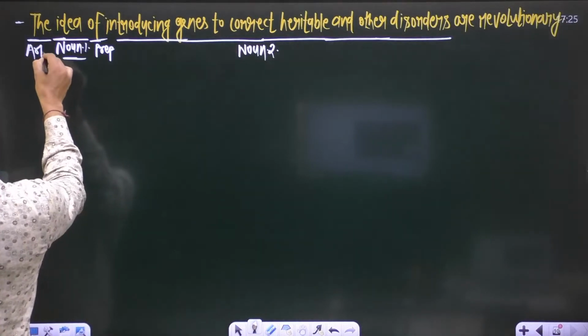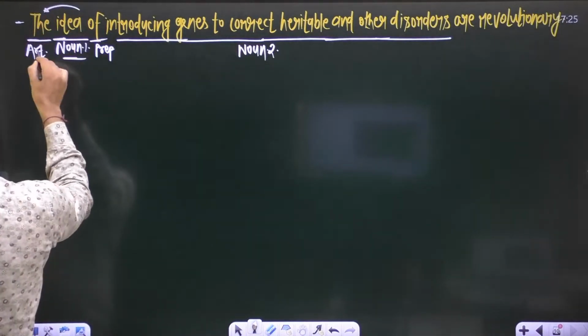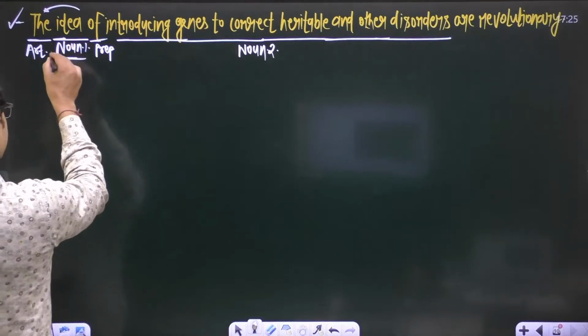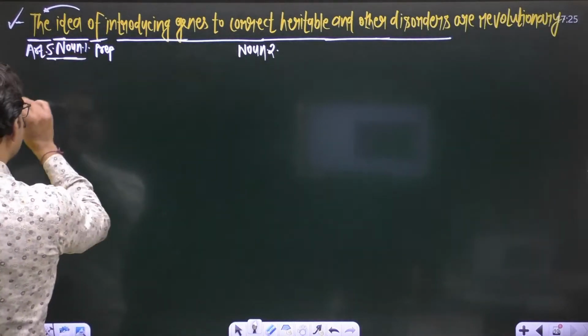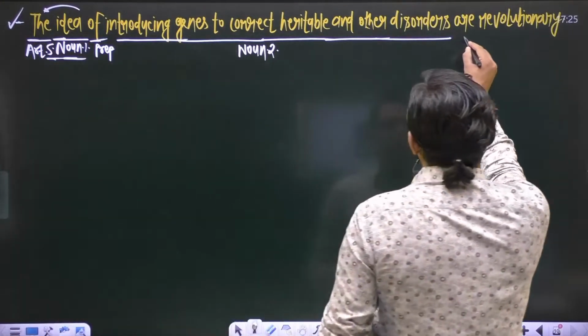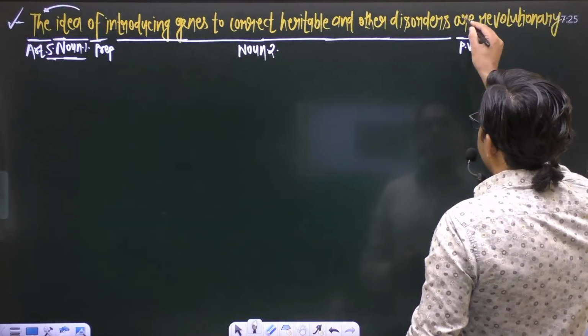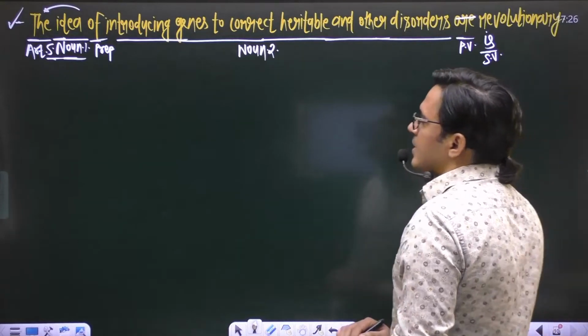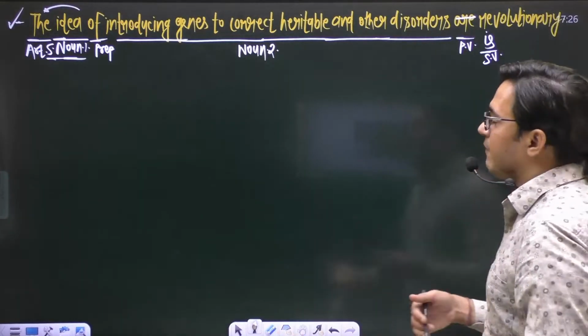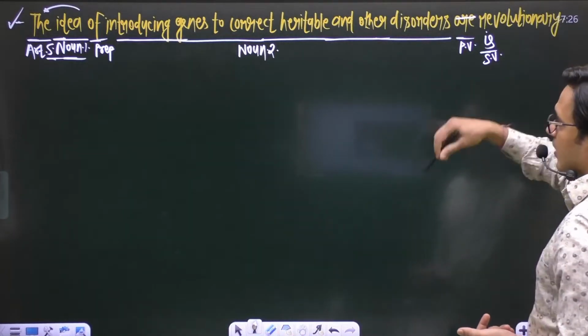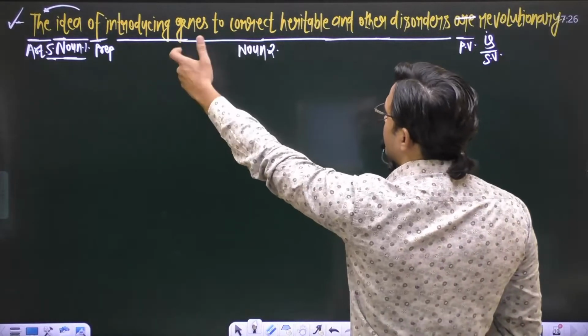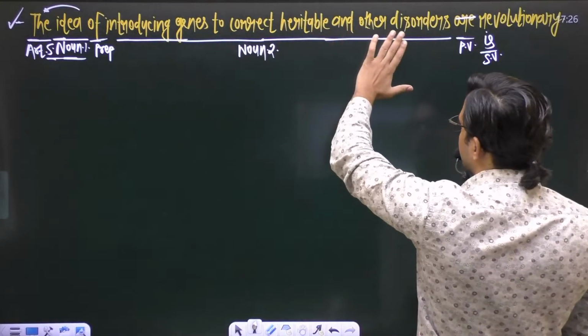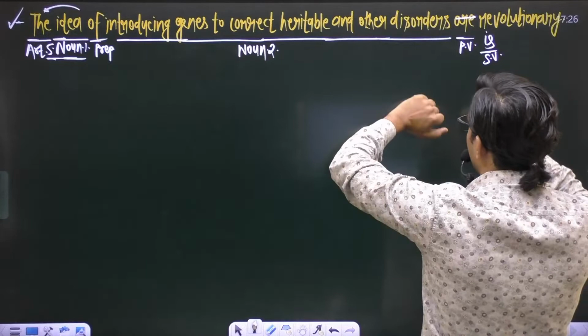To make this first noun definite, we use the article the before it, and according to this singular noun idea, the verb will also be singular. Are is a plural verb, so just replace are with the singular verb is. The sentence will be okay. So what is revolutionary in this sentence? Introducing genes to correct heritable and other disorders.